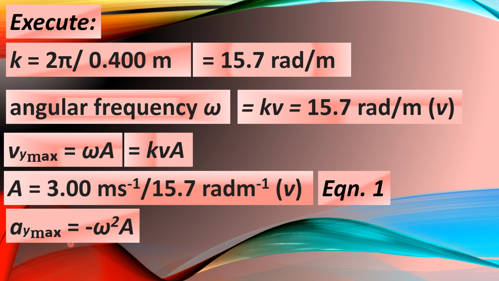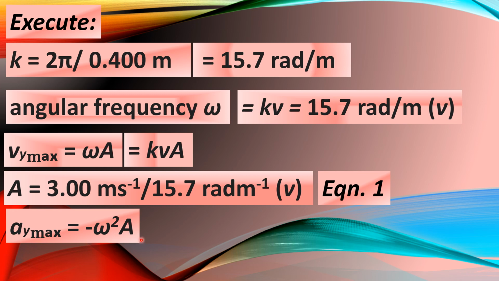And a sub y max, or the transverse acceleration of any particle located at the maximum displacement, is related to the angular frequency omega and the amplitude A in this equation. So a sub y max is just equal to the square of omega multiplied by the amplitude A.